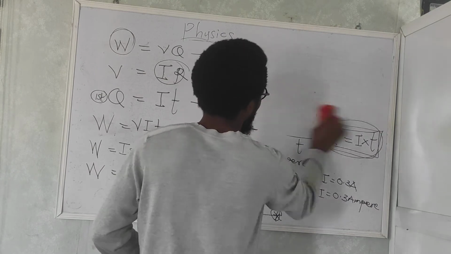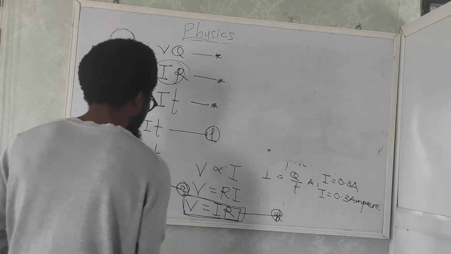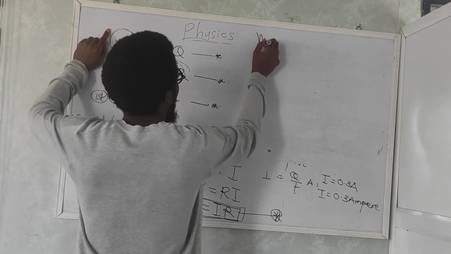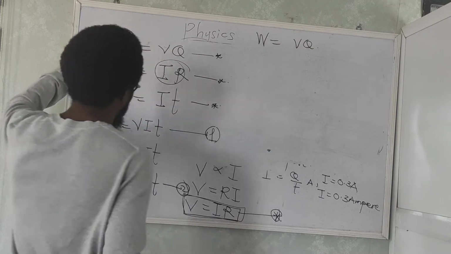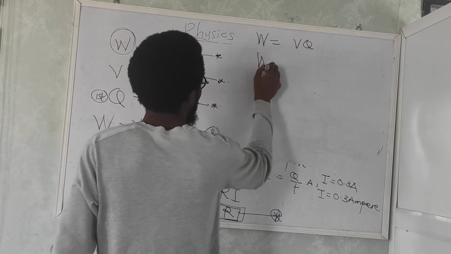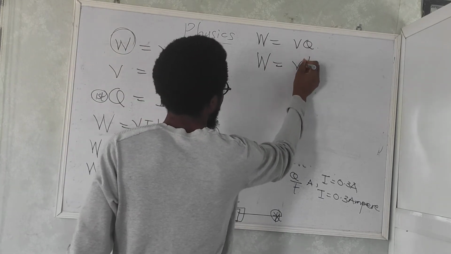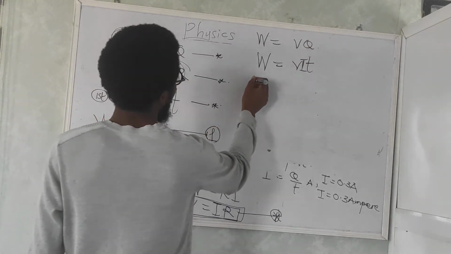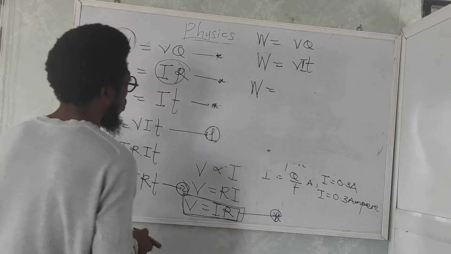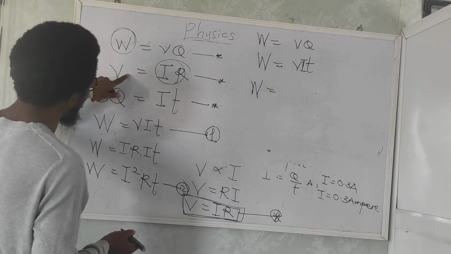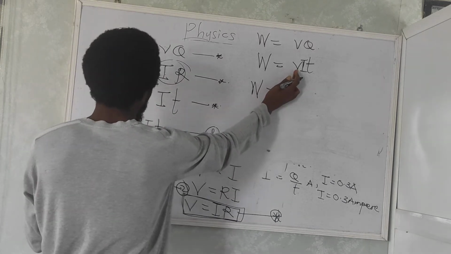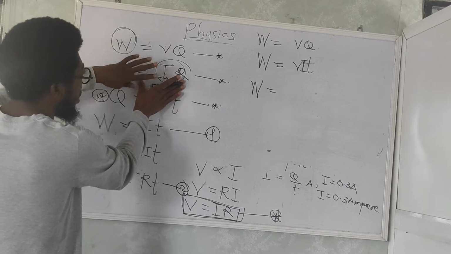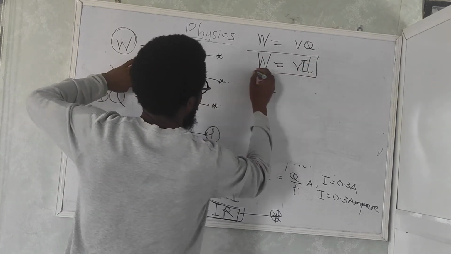So the next equation I am going to show here is going to be the very last one. Remember, we have our work to be equals to VQ, right? Then from there we have gotten work to be equals to VIT. Remember, when we substituted IT for Q, we got that equation. From that equation, instead of me saying V equals to IR now, what other thing do you think you have in Ohm's law that is in this formula?